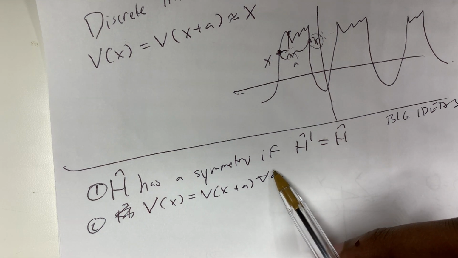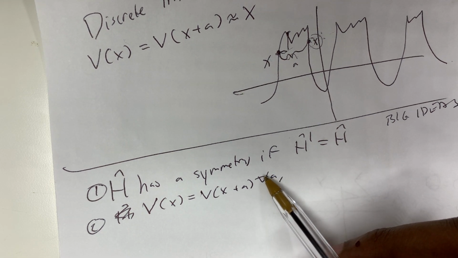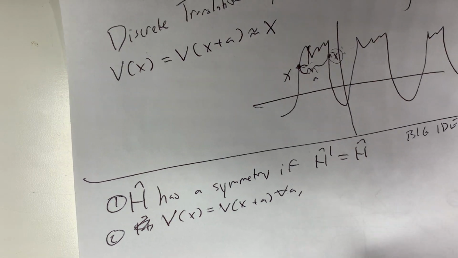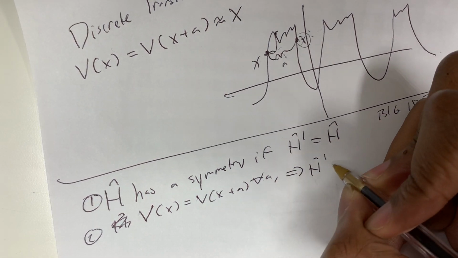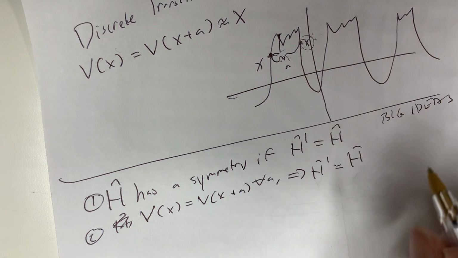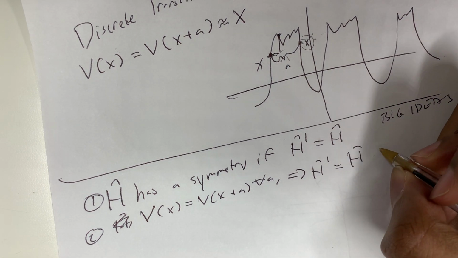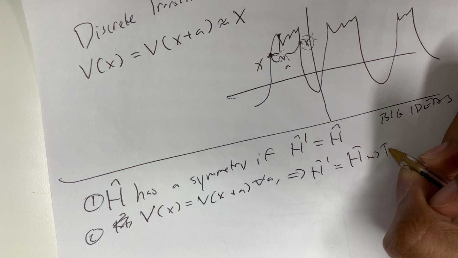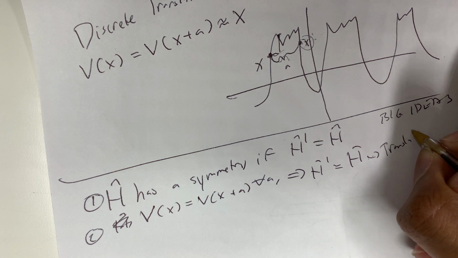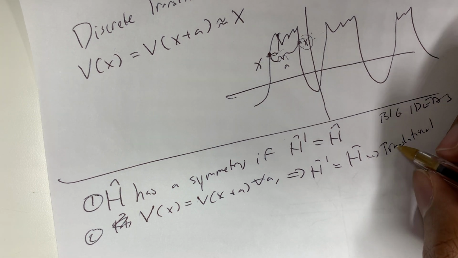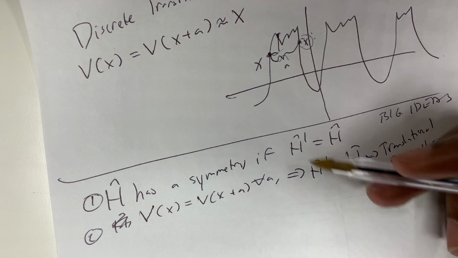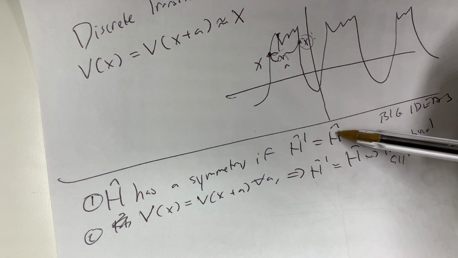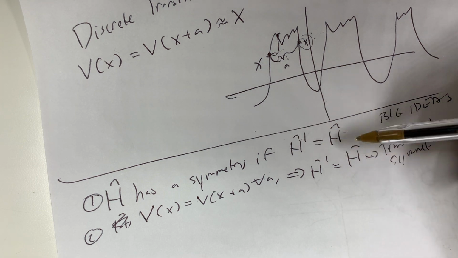For all a, that implies that the Hamiltonian is the same, and that's for a translational symmetry. So we have a symmetry if our Hamiltonian is the same, but under which operation is it the same?